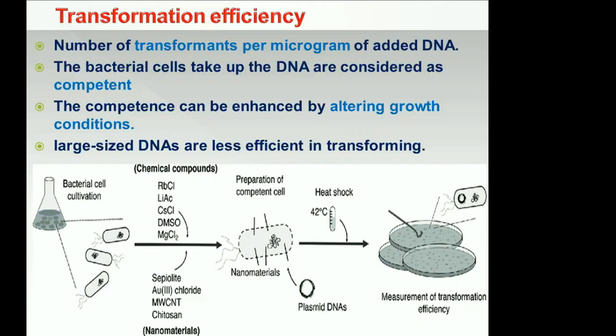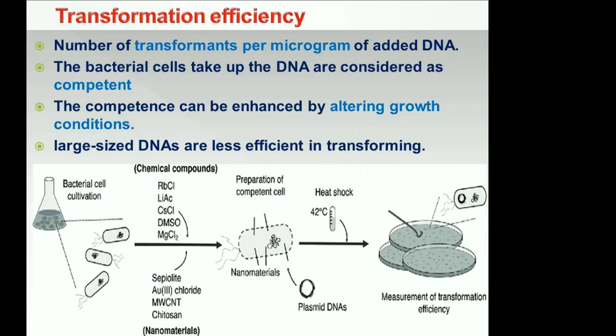Now you can see that the conical flask consists of bacterial cells which we have cultivated in the laboratory. Further, treatment with chemical compounds, you can see the different chemical compounds listed over here, produces the preparation of competent cells. Now the competent cell is ready to take up the plasmid DNA.